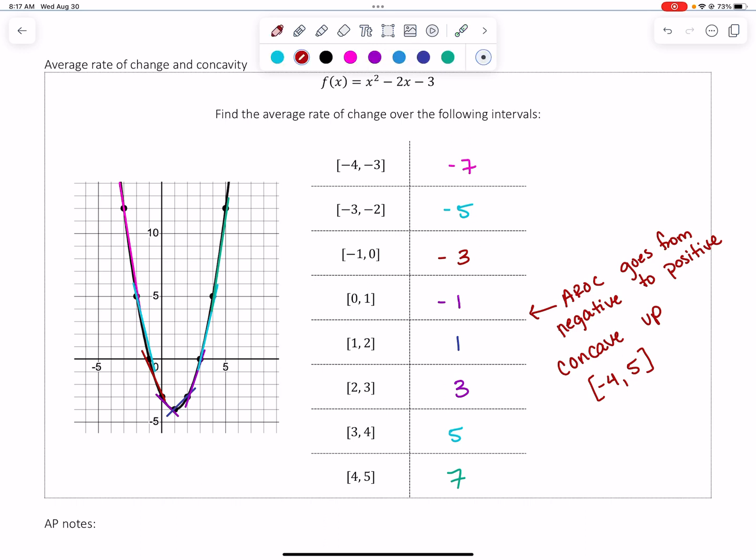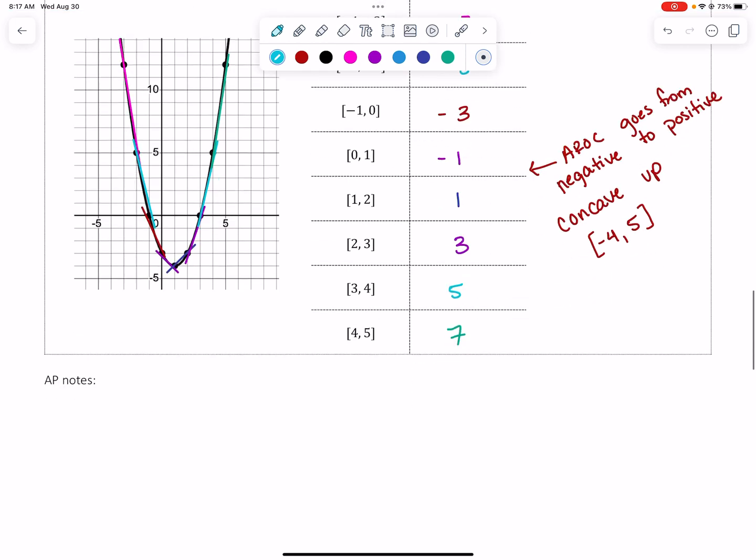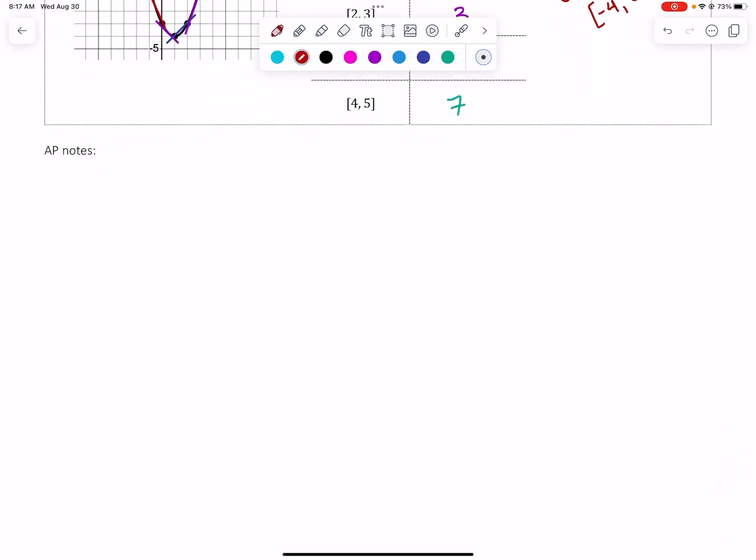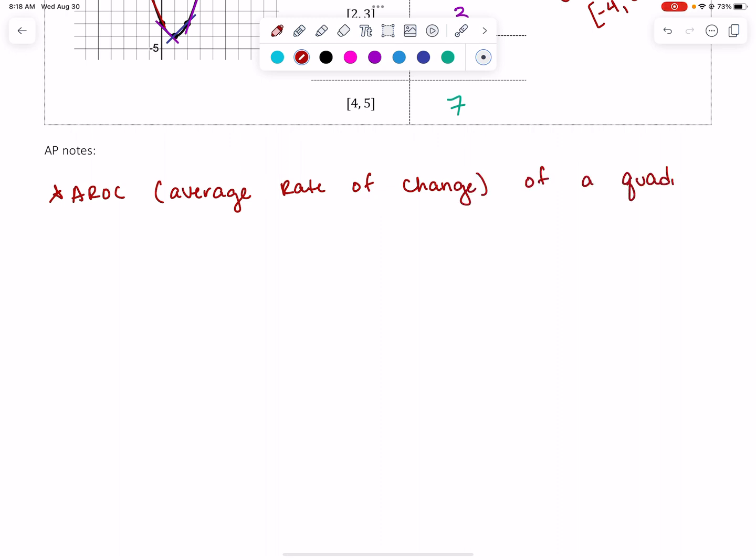All right, the last thing that we're going to be looking at is this average rate of change. If you take the difference of these, you're going to notice something really cool, and we're going to be working on that in class. But for purposes of our video notes, this is what we're discovering today: your average rate of change of a quadratic is linear.